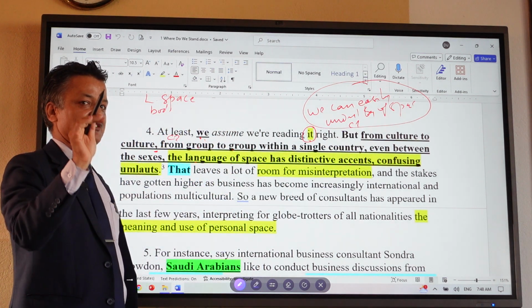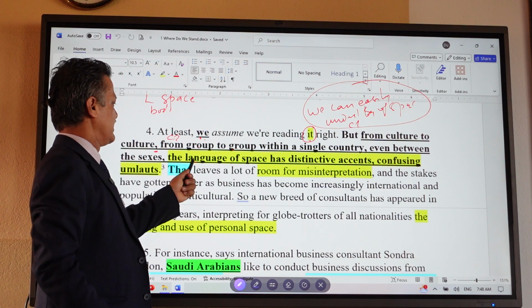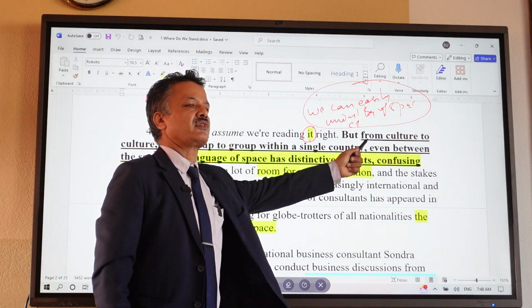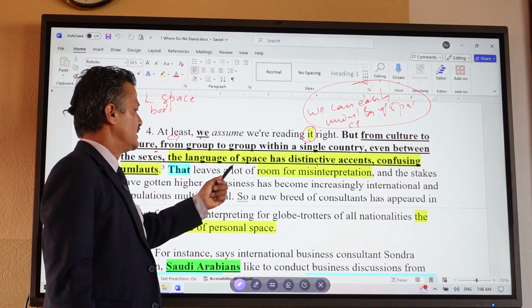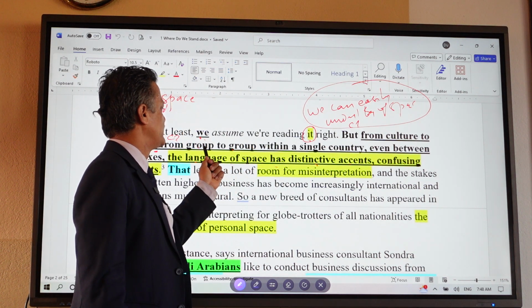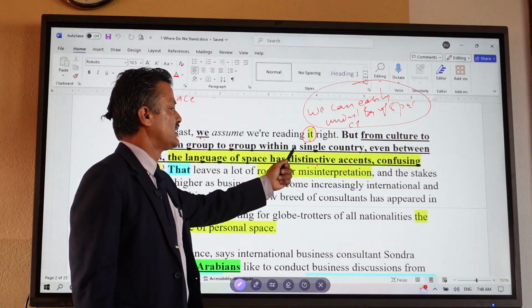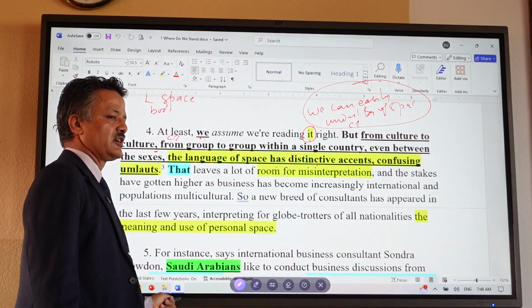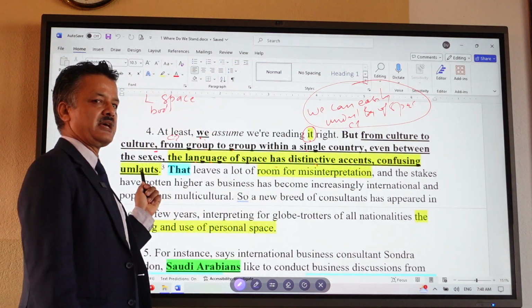But let's not forget, the language of space is very different from culture to culture. The language of space is very different from group to group within a single country. The language of space is very different even between male and female.